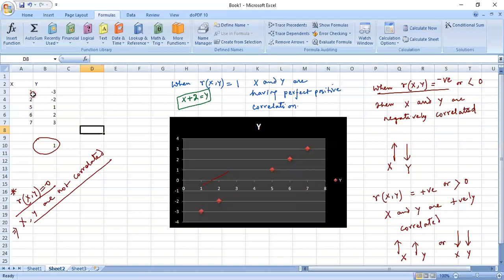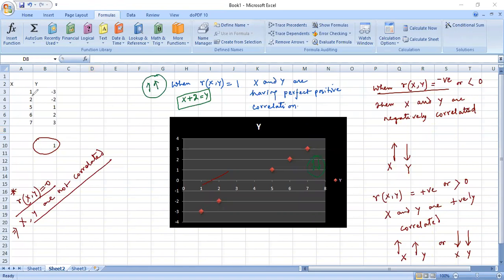But you can see, my previous example, I mean this one, was of this kind: both of them were increasing. This one is an example where both of them were decreasing. But still the correlation between them is positive.